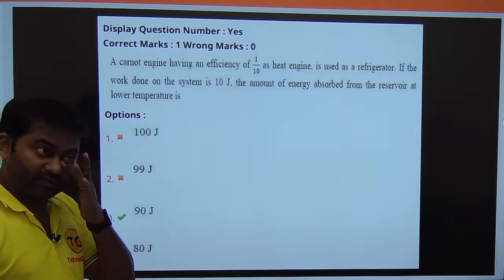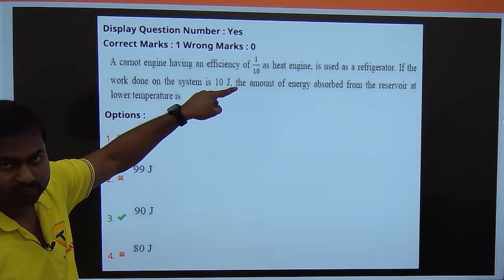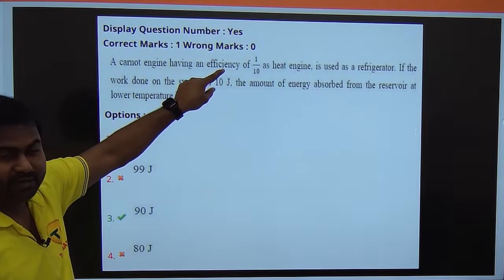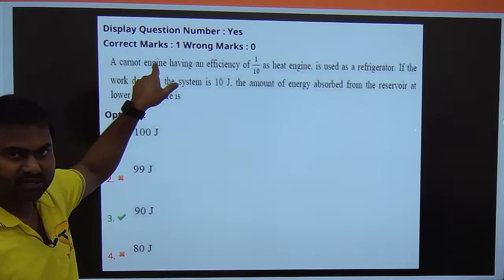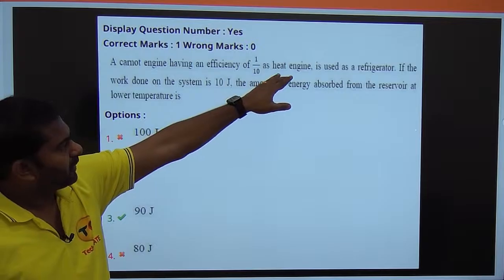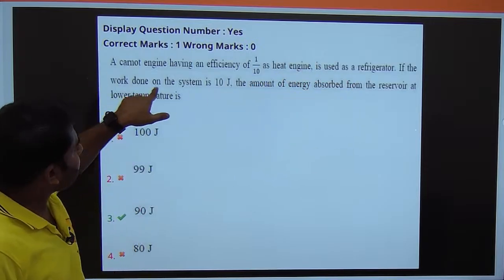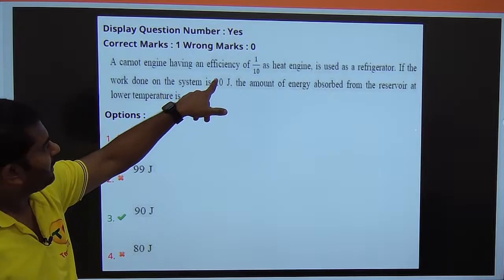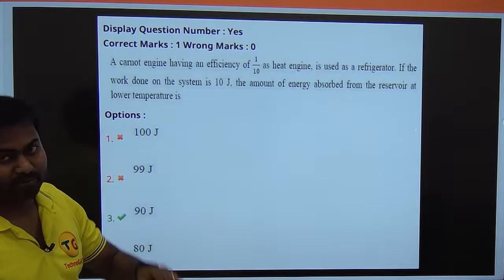This question is based on the Carnot engine. It is given that the Carnot engine has an efficiency of 1/10 when it is used as a heat engine. Now it is used as a refrigerator. If the work done on the system is 10 joules, the amount of energy absorbed from the reservoir at the lower temperature is asked.